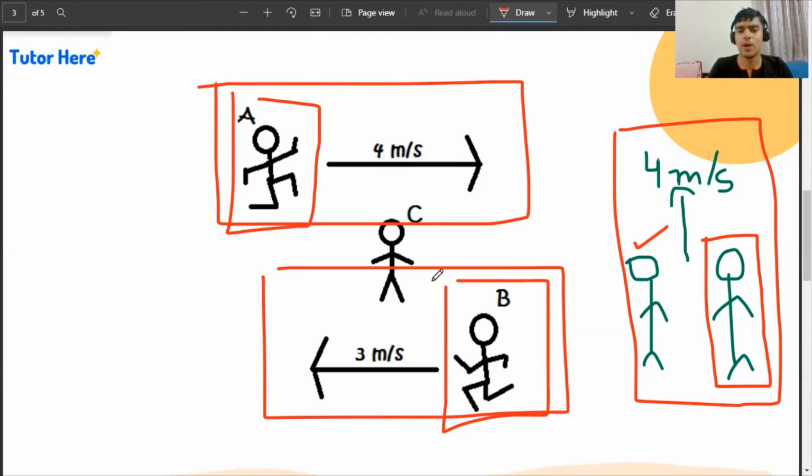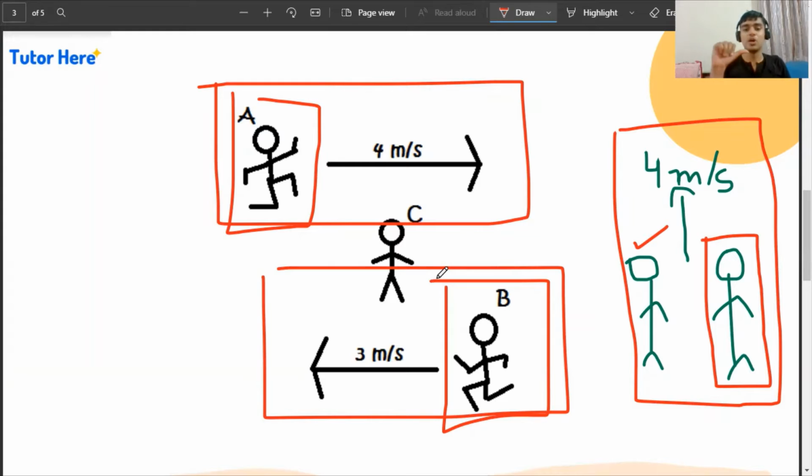Now, in the previous example where they were going in the same direction, what did you do? You just subtracted the velocities. Both of them were moving at 4 meters per second, and you got 0 because they were moving at the same speed. If you're coming at each other, from one person's frame of reference, you're going to be adding both these velocities.